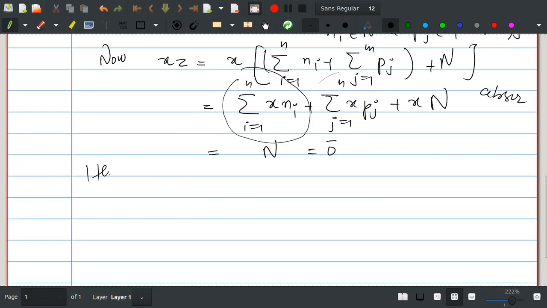So hence x is in the annihilator of this quotient module.